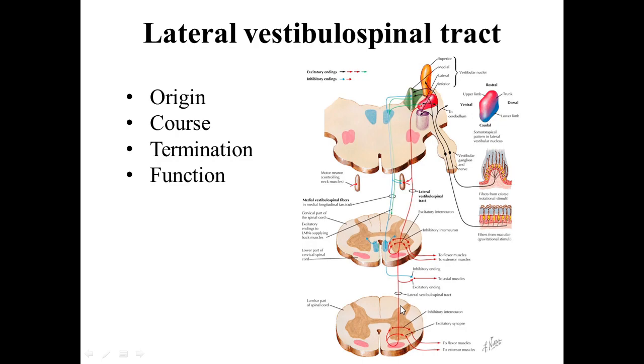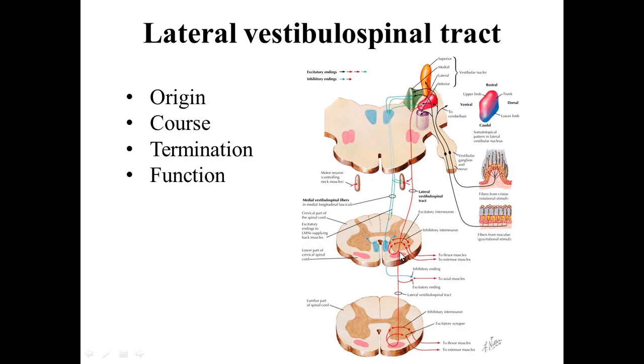The fibers arise from the lateral vestibular nucleus at the pontomedullary junction. So this is the lateral vestibular nucleus, which is situated at the pontomedullary junction. The fibers arise from this nucleus and descend on the same side in the anterior funiculus of the spinal cord.